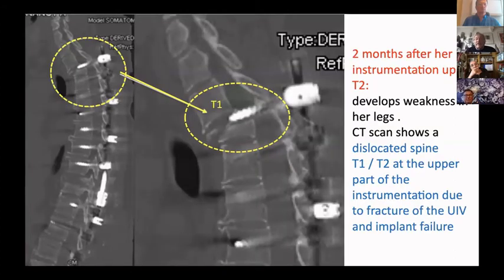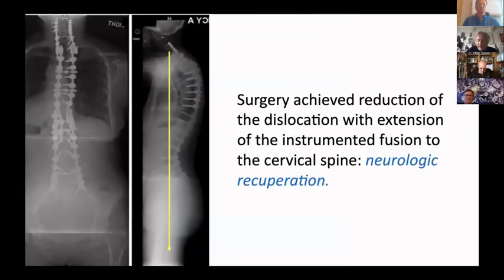2 months after this surgery, this patient developed again a weakness in the legs. This time the leading symptom was not pain, it was the neurology. And the CT was showing a clear dislocation of the spine between T1 and T2, with the instrumentation broken through the end plate, fracture of the last instrumented vertebra, and finally instrumentation failure.